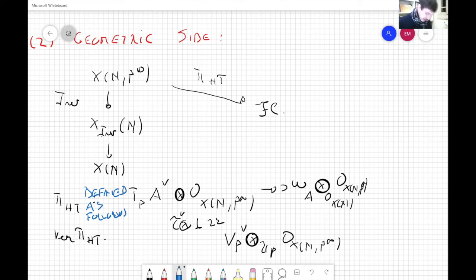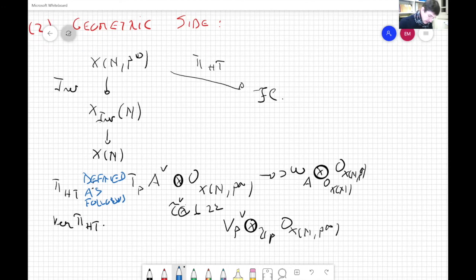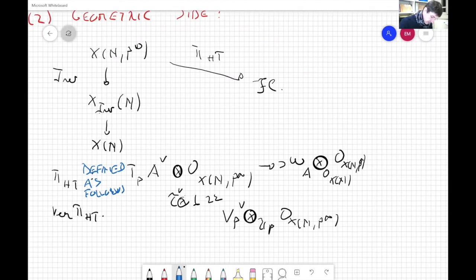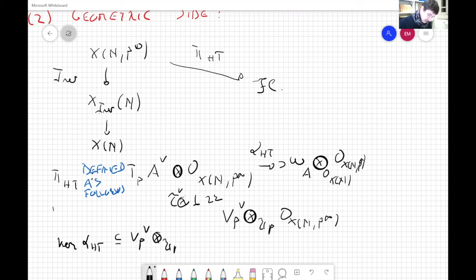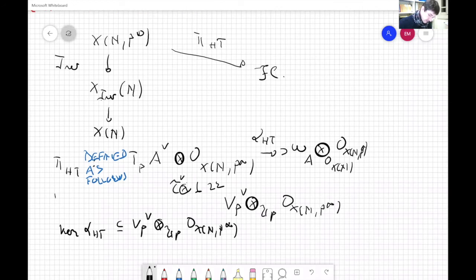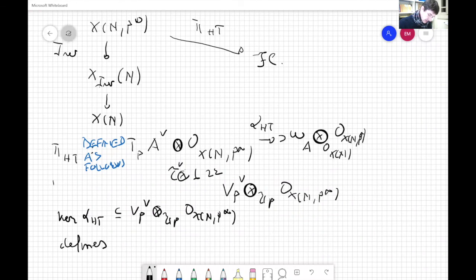So you have a comparison map called alpha Hodge-Tate, and the kernel of alpha Hodge-Tate inside V_p dual tensor Z_p O_X and P infinity defines a Lagrangian subspace, which exactly gives the map pi Hodge-Tate.